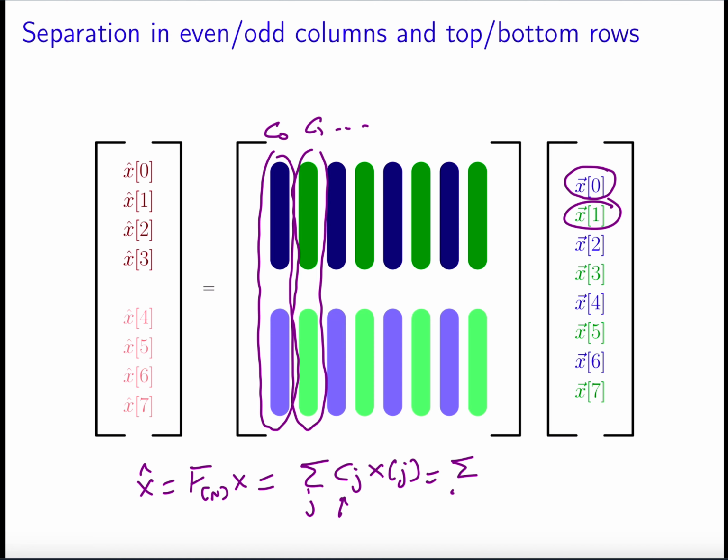So this is even j, and this is odd j. So we're going to separate this, and now we can look at the submatrices separately.